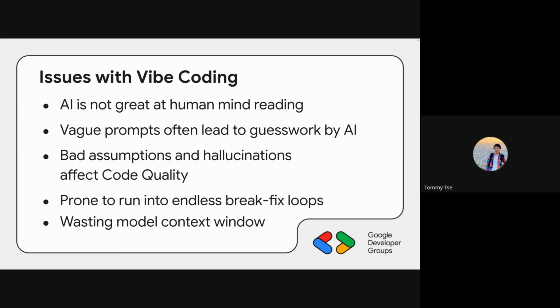We just rely on the AI to do the guesswork, maybe out of some weird prompts, and that's often where the cause of the issue is. Because the AI would take your prompt and it might come up with really bad assumptions, or it might hallucinate. And that definitely will affect the code quality of the work that you're doing. And it's definitely prone to an endless break-fix cycle.